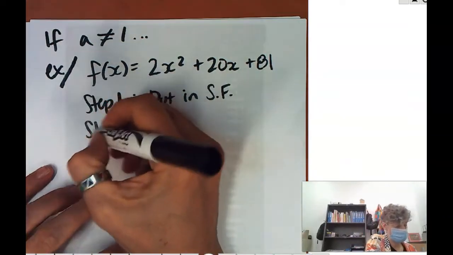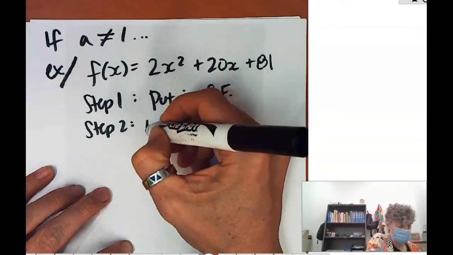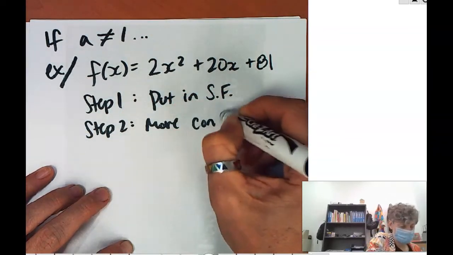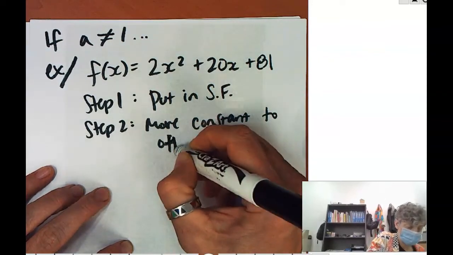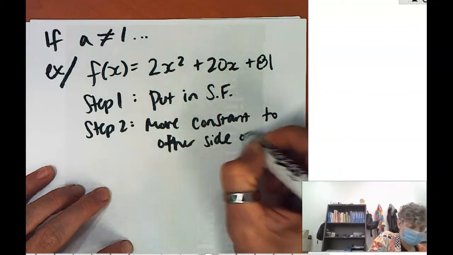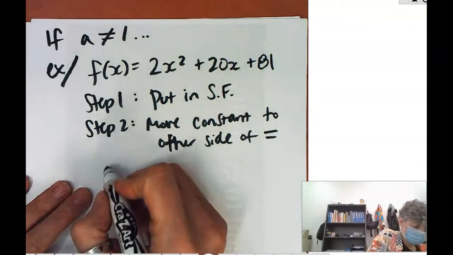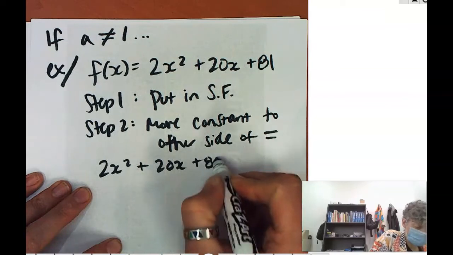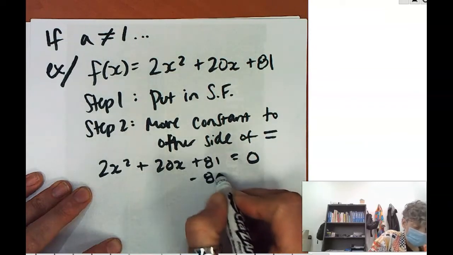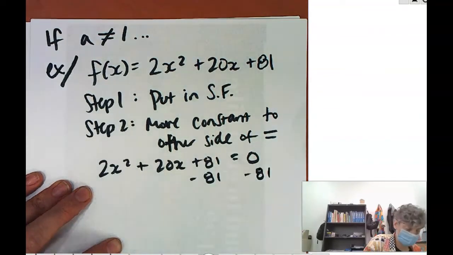Step 2, also still the same. Move constant to other side of the equal sign. So we got 2x squared plus 20x plus 81. We're going to subtract 81 this time.